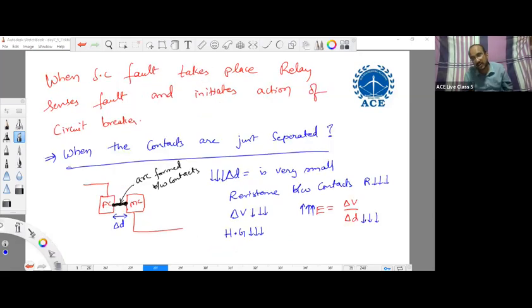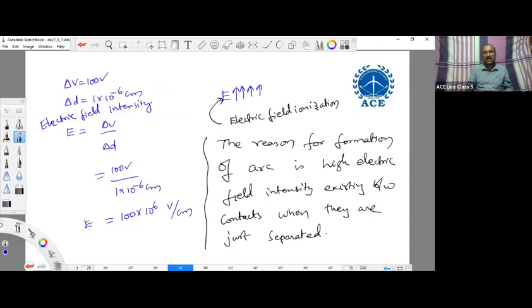When the contacts are just separated by a very small distance, the electric field intensity is very high. Due to that, electric field ionization takes place, and the arc strikes between the contacts.